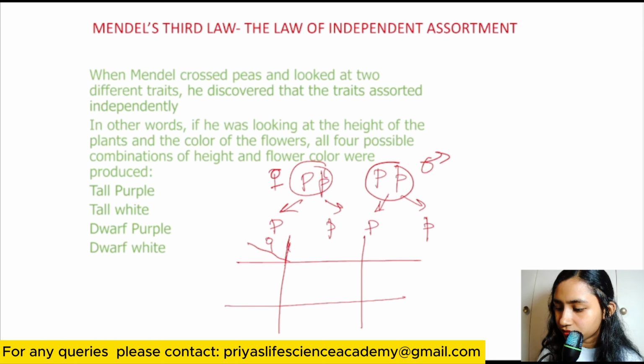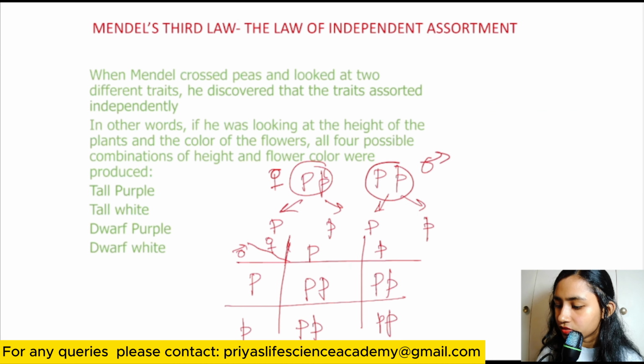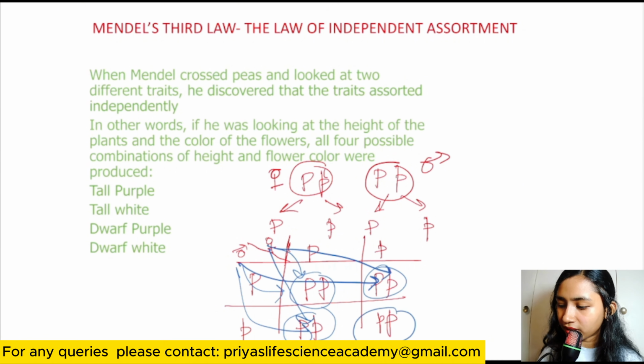So these are the mother's alleles and these are the father's alleles. Gametes are produced and offspring are produced. This offspring is getting one allele from mother, one allele from father. This offspring also, this one also, and this one also, getting one allele from mother and one from father.